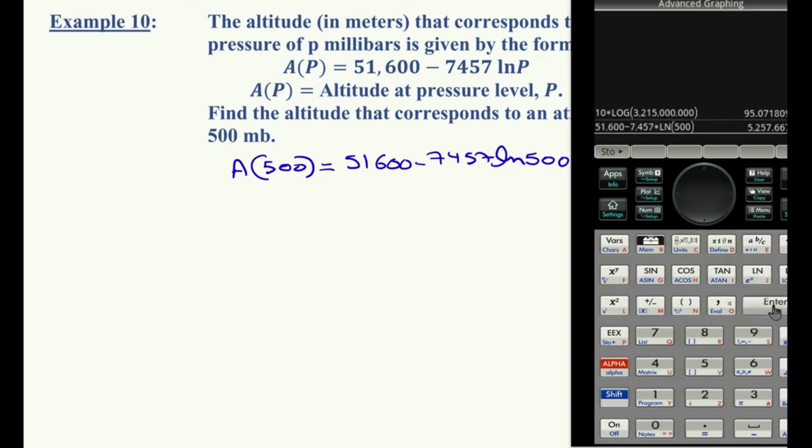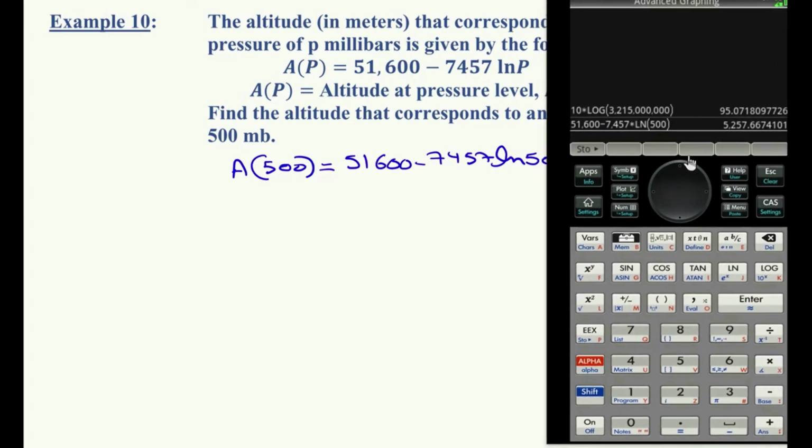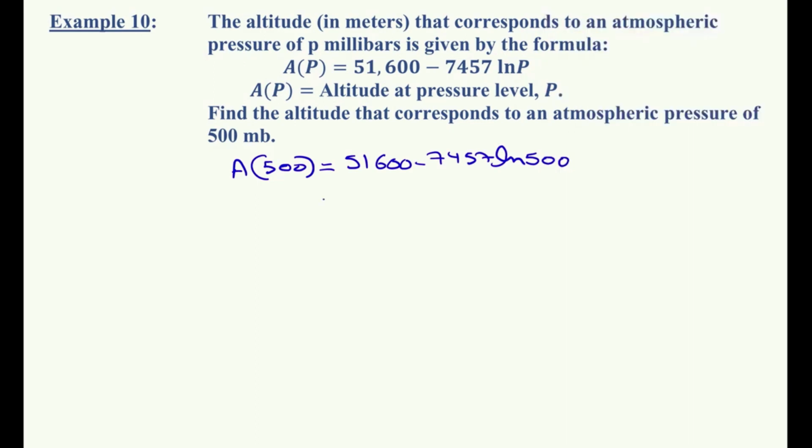And then we'll hit enter. And we can see the result is 5257.67, so approximately 5257.67, and of course the final answer should have the proper units. We know we were calculating altitude, so that will be in meters.